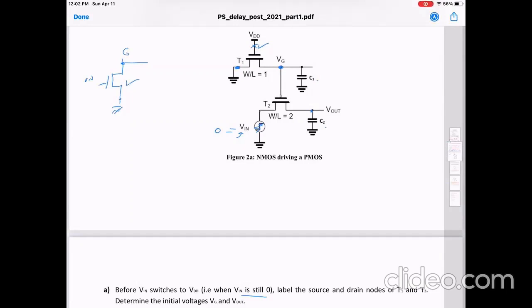Since this has been there for a long time, since I'm solving the initial condition as a DC problem, I know that node G will be initially 0.